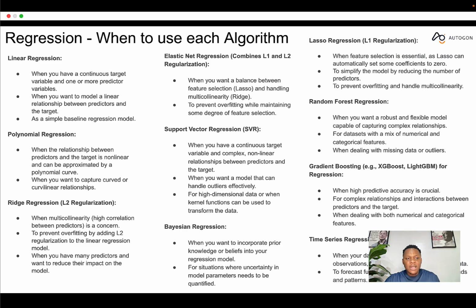Yes. So regression and when to use each algorithm. We're quickly going to scan through each of these. So linear regression: when you have a continuous target variable and one or more predictor variables, when you want to model a linear relationship between the predictors and the target variable.